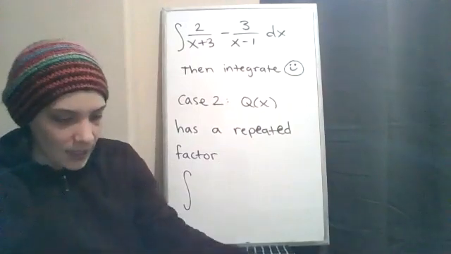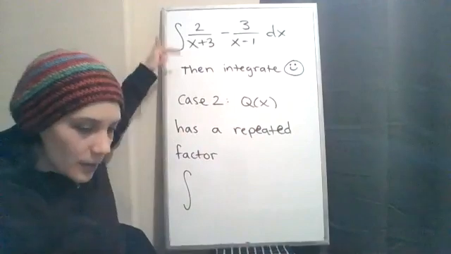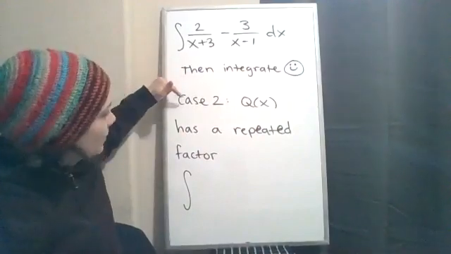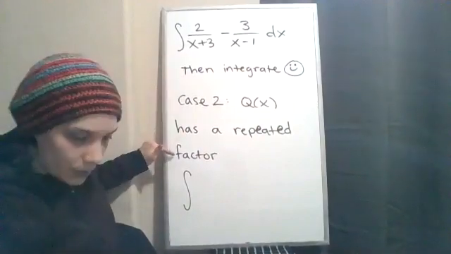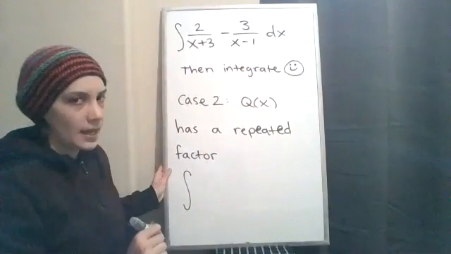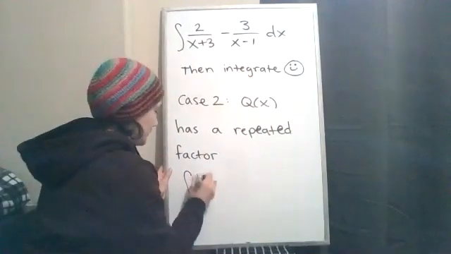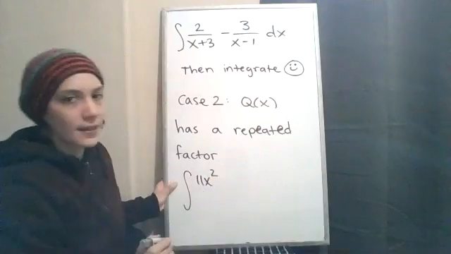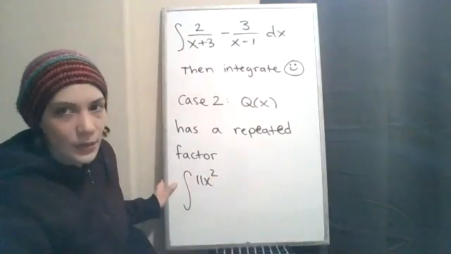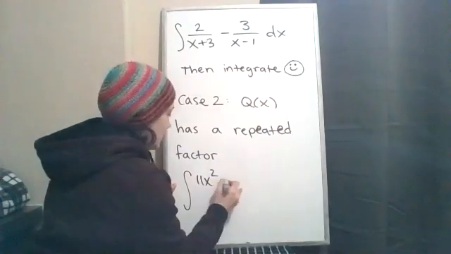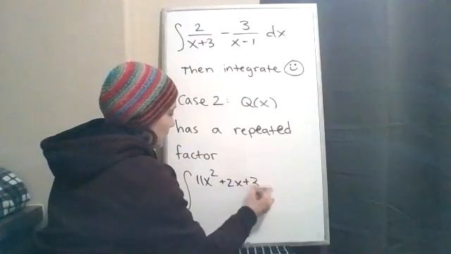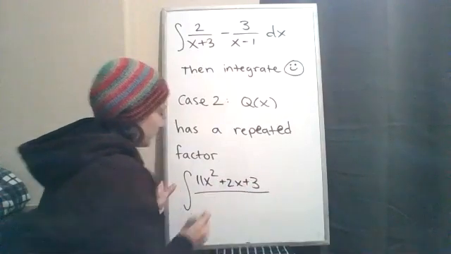We want to integrate the integral of 11x squared plus 2x plus 3 over 4x times x plus 1 squared.